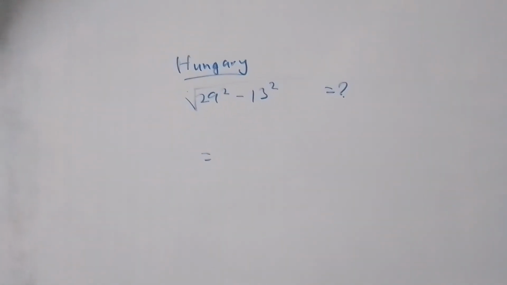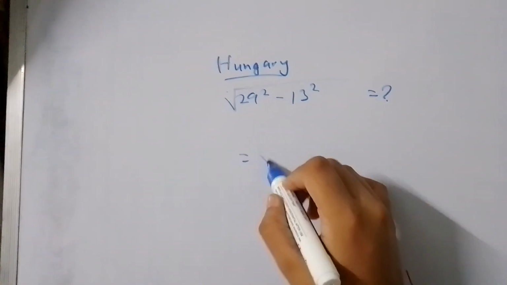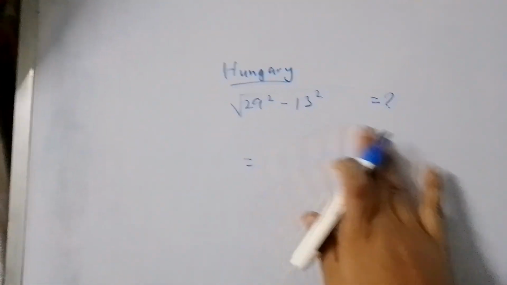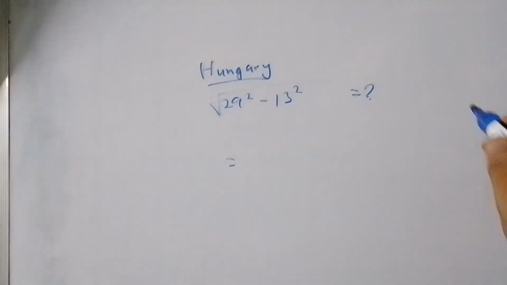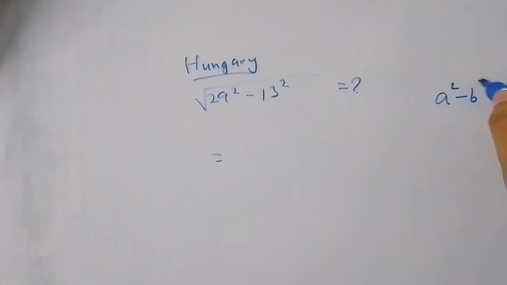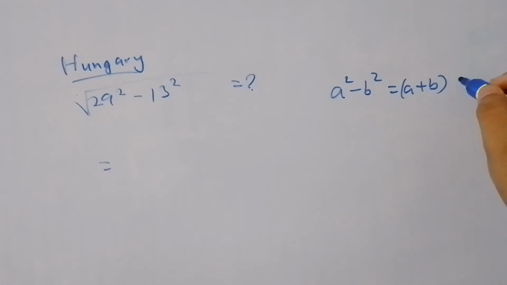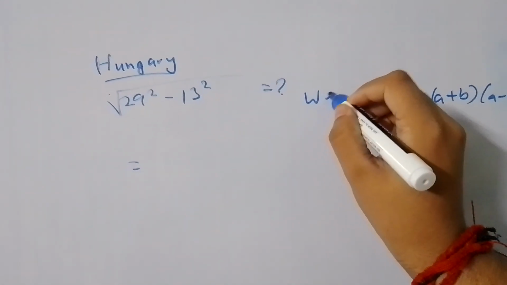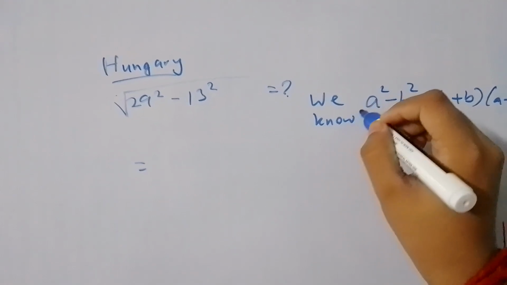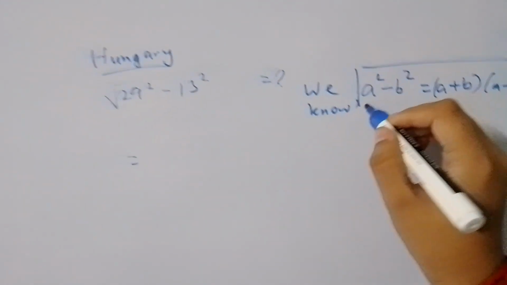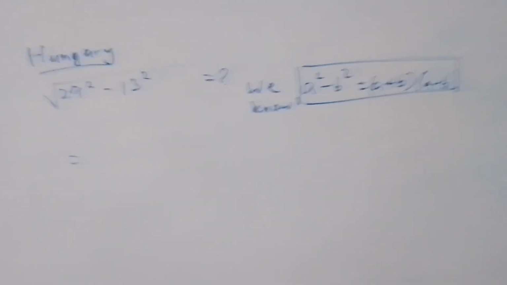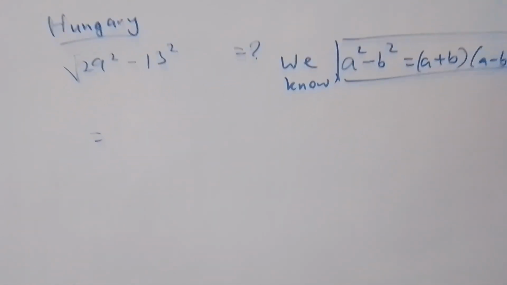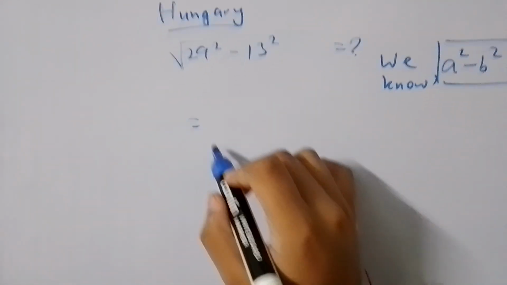Here we can use the formula a square minus b square equals a plus b multiplied by a minus b. We know this formula, right? Now we're going to use this.